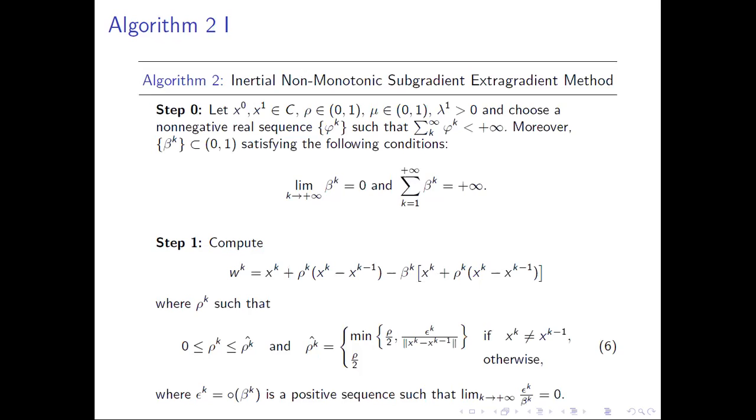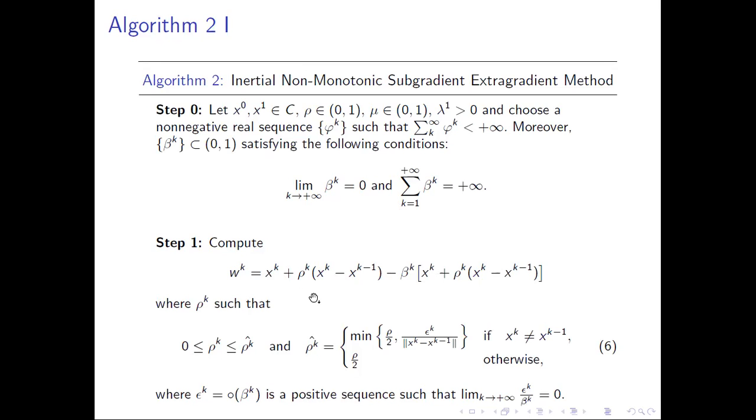Algorithm 2 is the inertial method, which is the extension of the previous method. For the inertial method, we choose two starting points, rho, mu, and lambda 1 work this way, and beta k satisfies this condition.